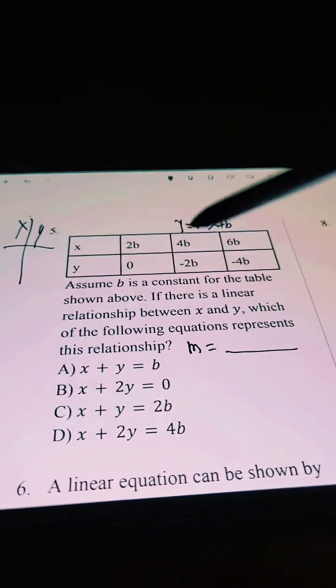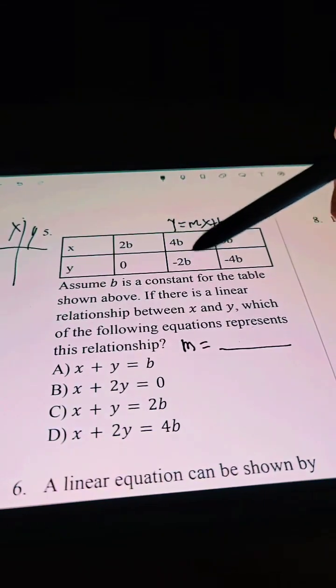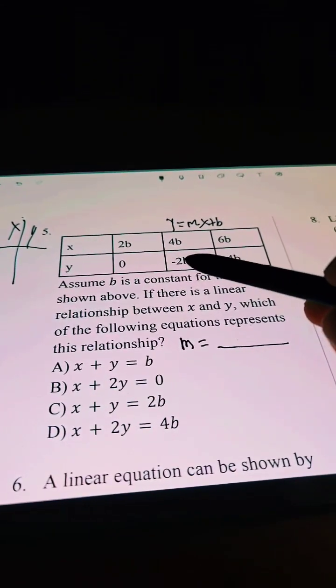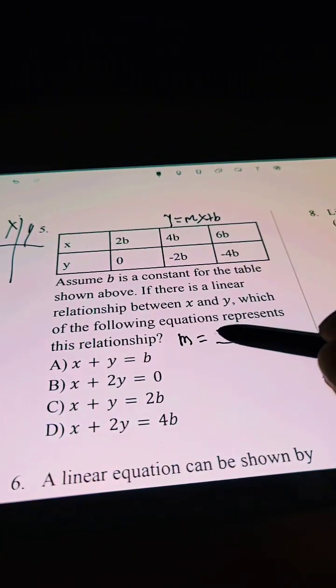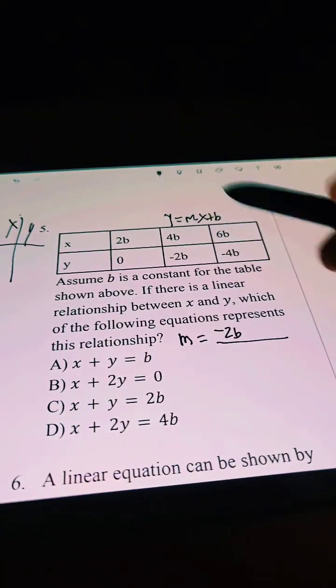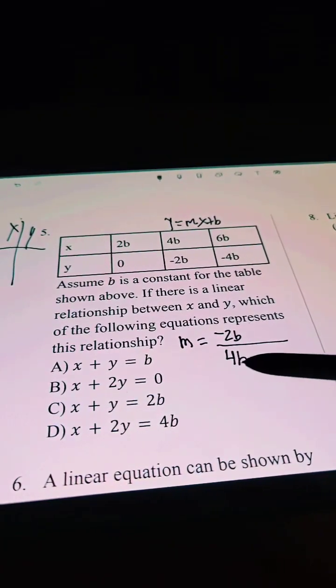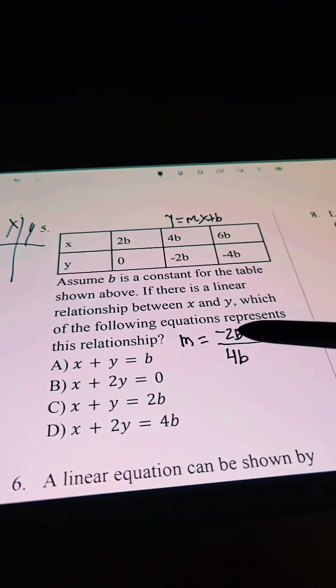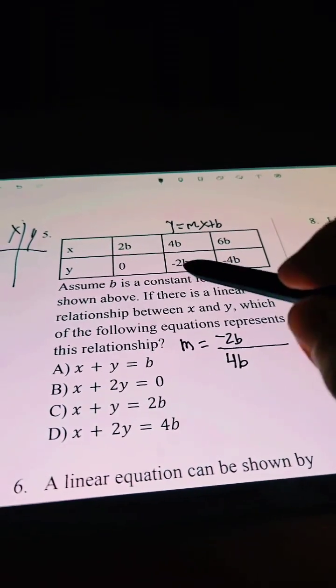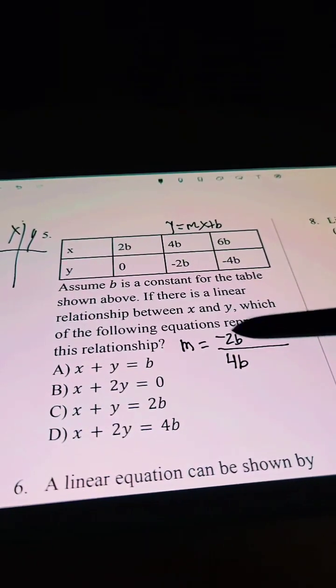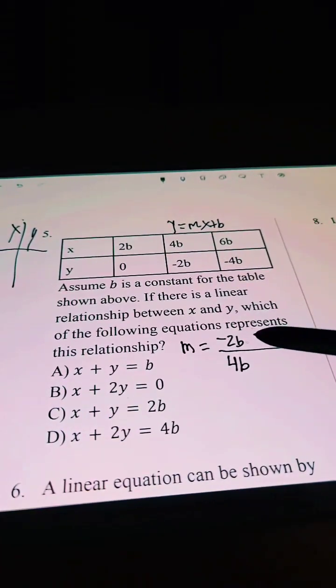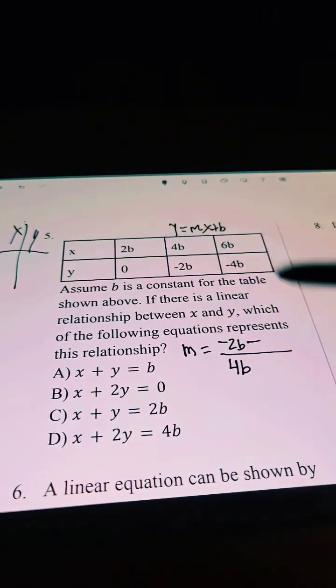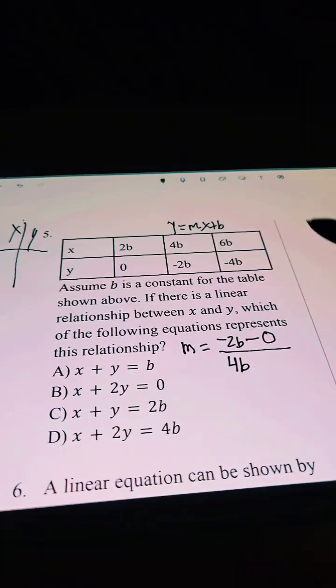So what I mean by that is, let's say I'm picking this point and this point. I'm going to start with -2b and 4b, because those are from the same point. And then on top, negative 2b, remember we're doing our y's on top, we're subtracting our y's, so I have to subtract 0, the other y.